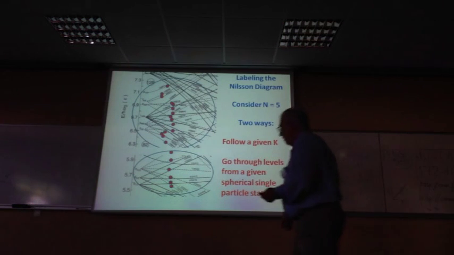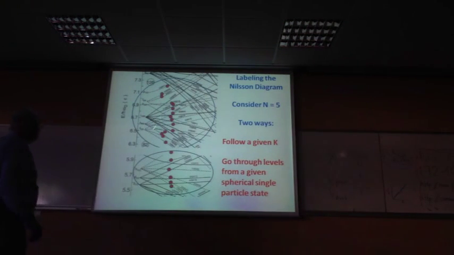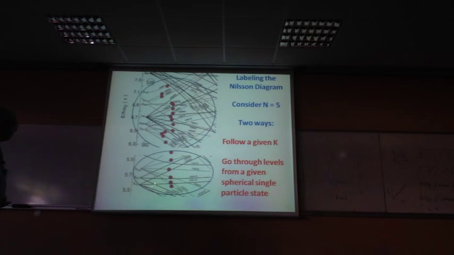So I blew up the 82 to 126 section, and also the 50 to 82, because this is mostly n equals 5, oscillator shell 5: F7/2, H9/2, P3/2, F5/2, P1/2. But because of the spin orbit force in the shell model, the H11/2 is also a member of that oscillator shell, and it's going down to the next shell below.